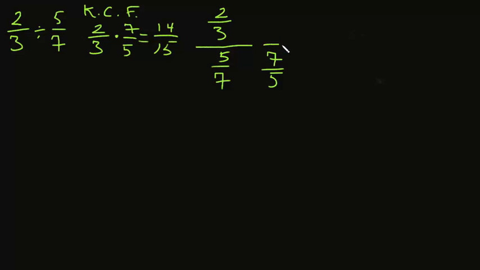But for the moment, let's go up to the numerator and see what we need to do to justify this proceeding. We can multiply the denominator by 7/5 if we multiply the numerator by 7/5 as well. Because anything divided by itself is equal to 1. 2/2 equals 1. 3/3 equals 1.